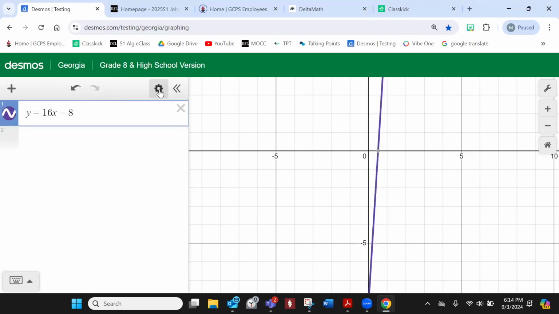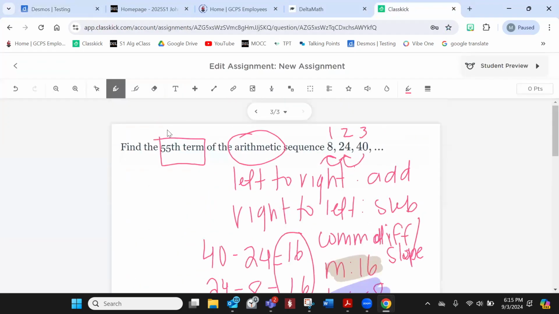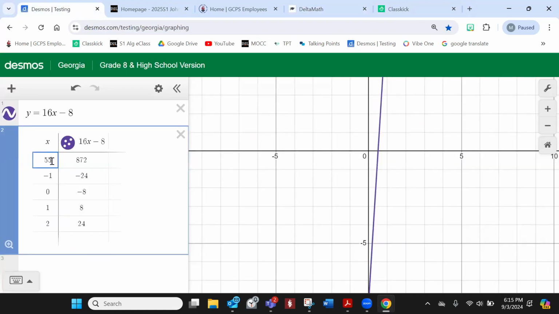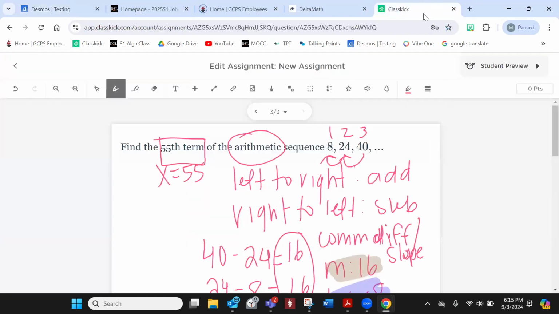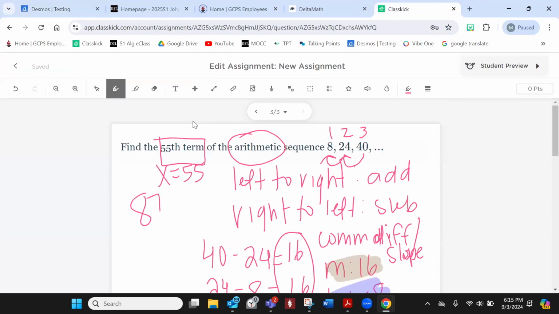And I want this table, and then it says 55th term, and this is when x equals 55. Okay, so let's change one of these values to 55, and then the 55th term is 872. All right, so the 55th term is 872.